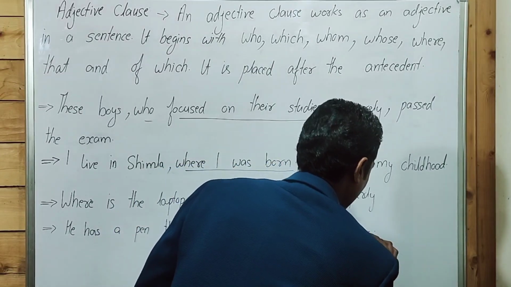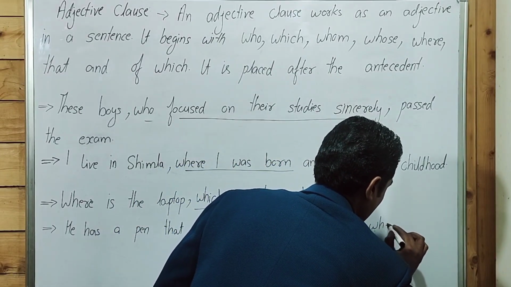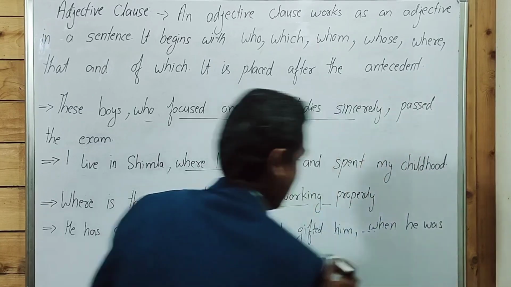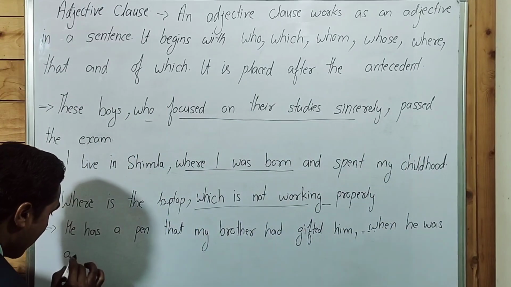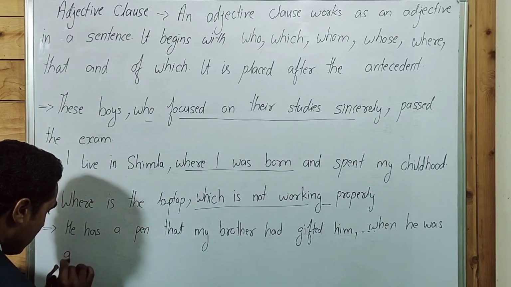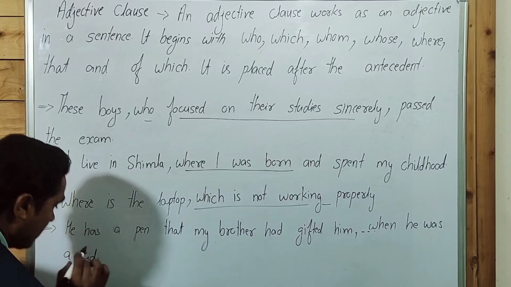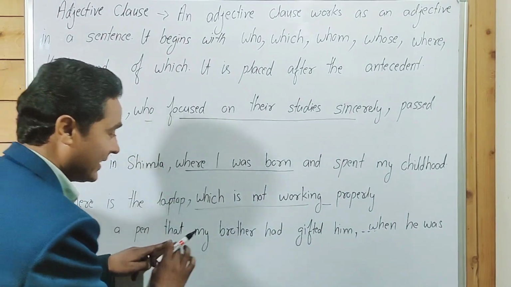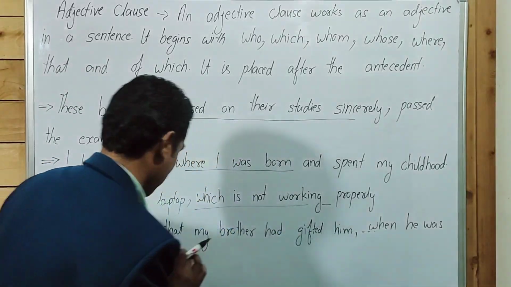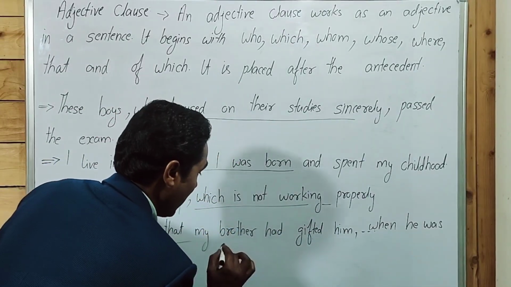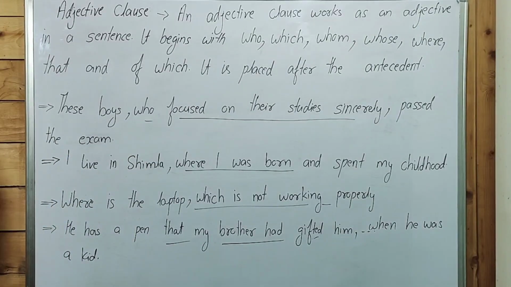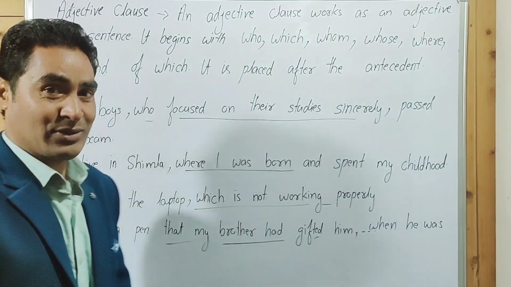We have to write when he was a kid. Here, pen is an antecedent, that my brother had gifted him. So it's that my brother had gifted him. It's an adjective clause, a relative clause.